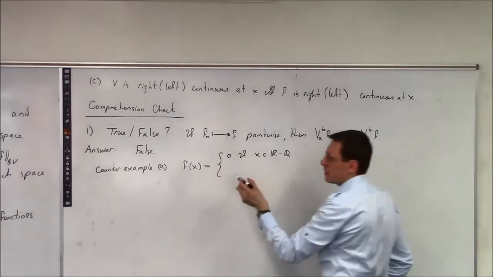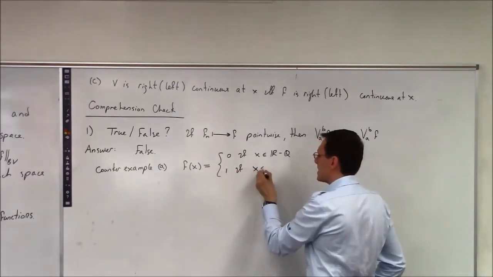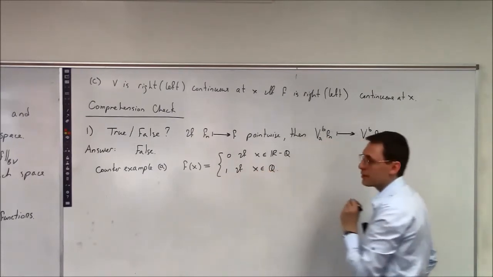I'm not going to write it, but on AB, and 1 if x is a rational number, correct?